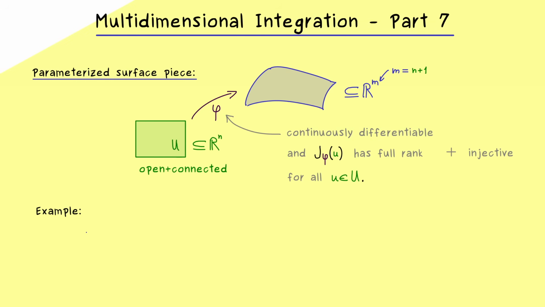And with that said, let's immediately go to such a one-dimensional example. And usually in this case, so n is equal to 1, we would speak of a parameterized curve. And in order to keep it simple, let's say that our open set U is given by the open interval from 0 to 1. And now we map this into a higher dimensional space, and as already said, let's concentrate on the n plus 1 case.